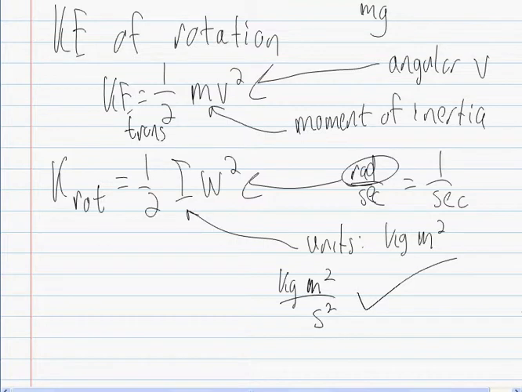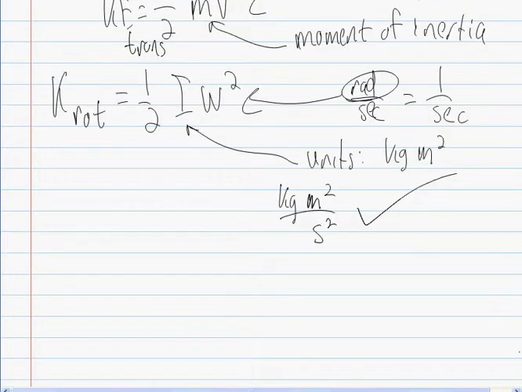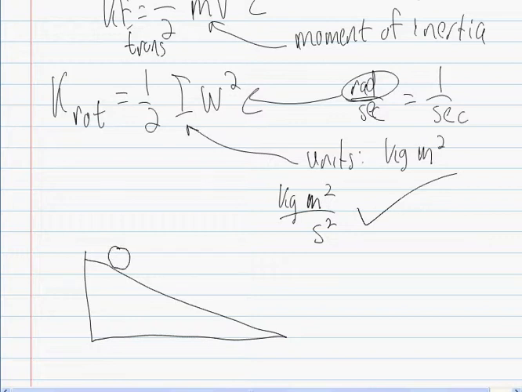So let's take a look at that rolling without slipping thing again. So we have a sphere at the top. Mu equals roll without slip. Okay. I don't even have to know what that is yet.